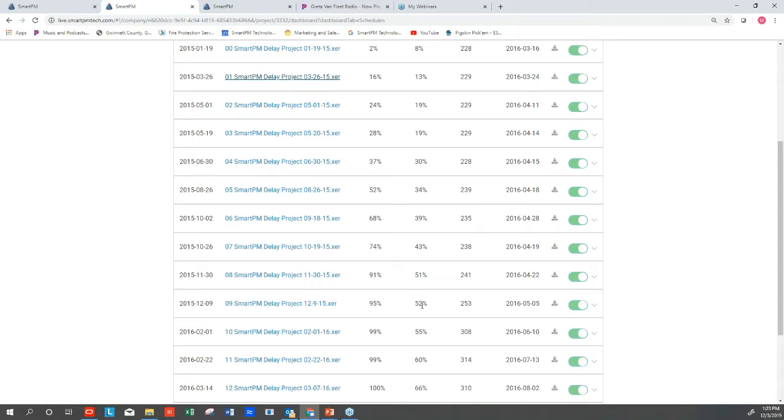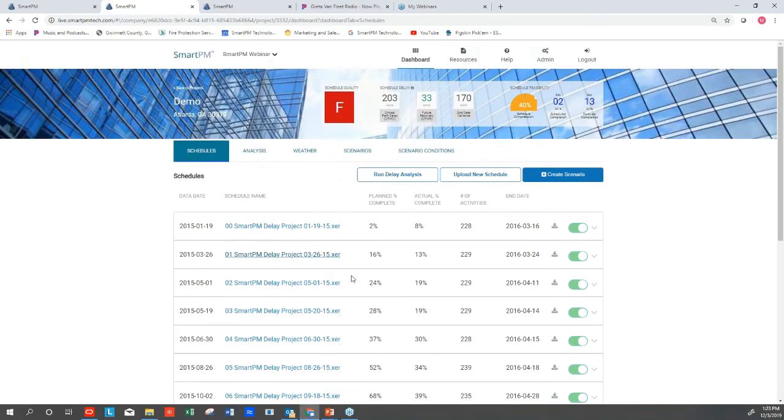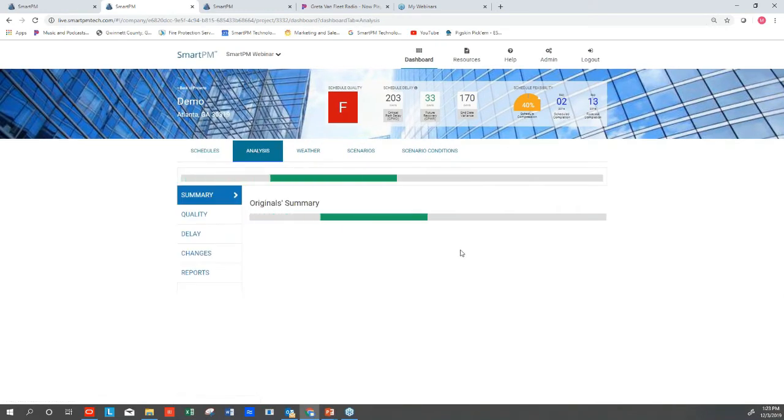We're slowly creeping on this job where we're supposed to be drastically improving our progress in this period of time. This is that middle period of time where performance needs to be at its best, and it looks like we're seeing impacts and slowly progressing as compared to where we're supposed to be. So I want to dig into that a little bit as well, and I can do that using our analytical engine.